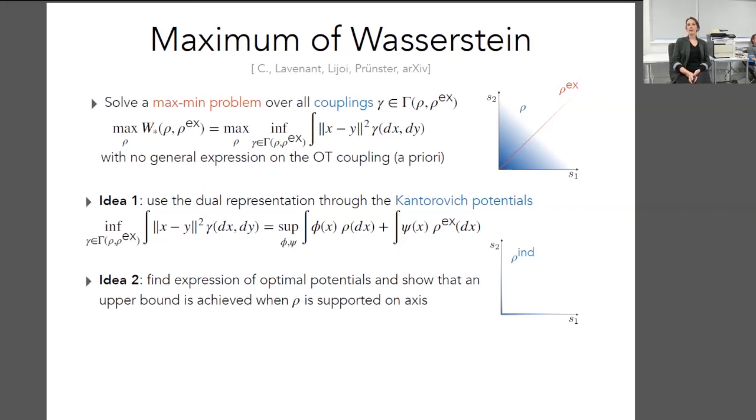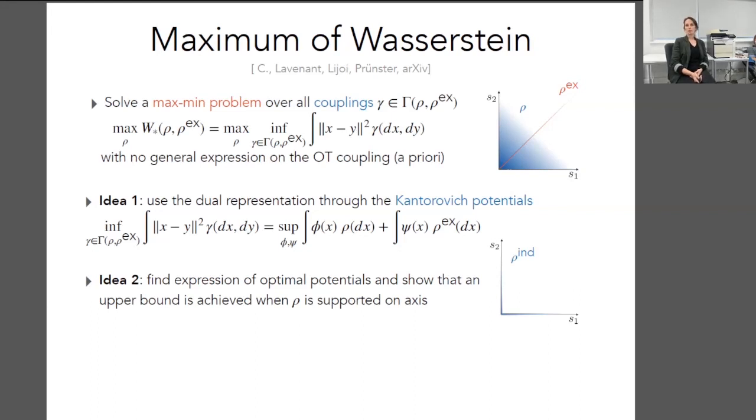And then once we had this dual formulation, we found the expression of the optimal pair of potentials, which by no means is an easy task in general, because it is actually equivalent to finding the expression of the optimal transport coupling. But in our context, we were actually able to do so because we are looking at the Wasserstein distance from exchangeability, so from the diagonal. And since this diagonal has a degenerate support, so it is actually supported on a one-dimensional space, the problem becomes easier.